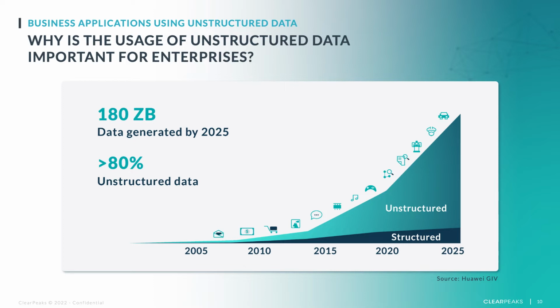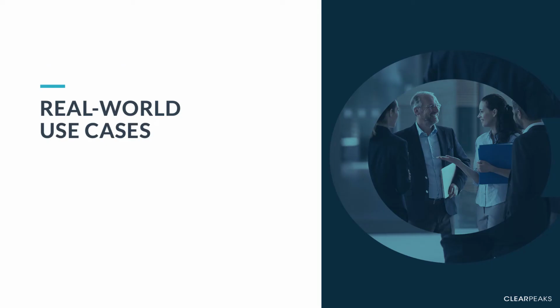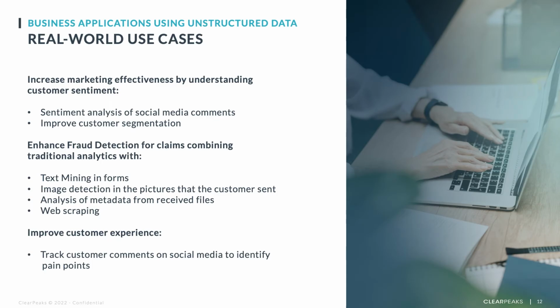But how can you start taking actions? You can combine ML techniques and algorithms to bring value to companies. Let's see some real world use cases. From a marketing perspective, we can analyze social media comments to improve marketing effectiveness, also to detect pain points in the brand, and to improve customer segmentation.